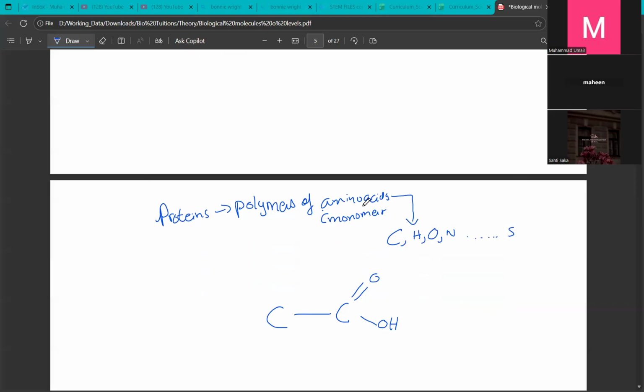This makes us understand why we call it acids, because they have an acid group. There's a hydrogen at the top, and there's a group at the bottom called R, which is variable. Meaning in every different amino acid, this group will be different.